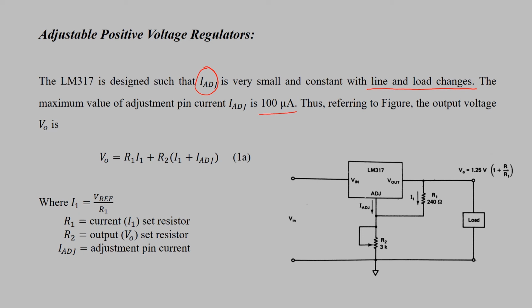The output voltage can be written as V0 = R1 I1 + R2 (I1 + IADJ), where I1 is Vref upon R1. R1 is the set resistor for current I1, R2 is to set the output voltage V0, and IADJ is the adjustment pin current.